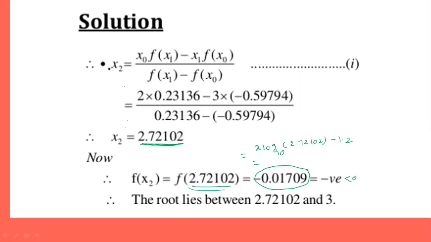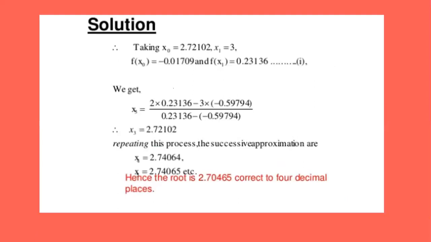Previously, for which value did we get less than 0? For 2. So this value is replaced with 2, and you will get 2.72102 and 3. Therefore the root lies between 2.72102 and 3. So take x0 as 2.72102 and x1 as 3.